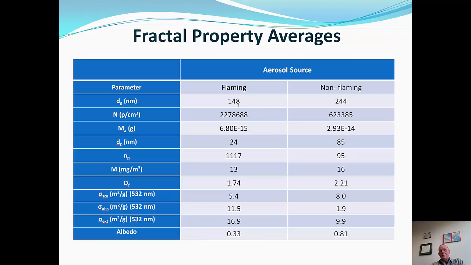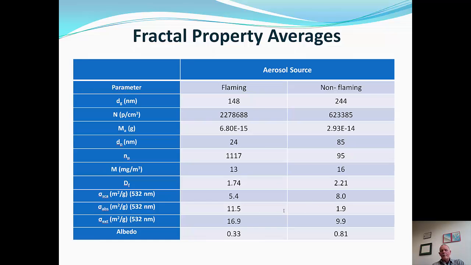But you see the size of the aggregate is many times the size of an individual particle. So even though you only have 24 here, the extent of the particle is like 148. And there's a bunch of particles attached to this. On the average, we found that there were a little over 1,100 tiny particles attached to an aggregate if it's a flaming one, but for the clumping ones, it was only about 95 on the average.